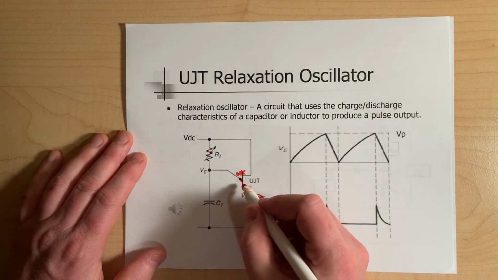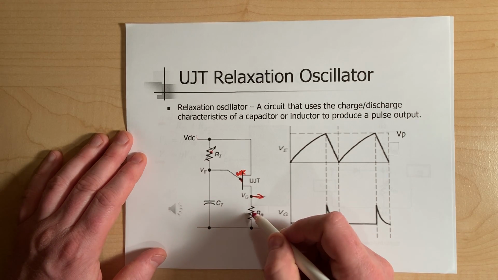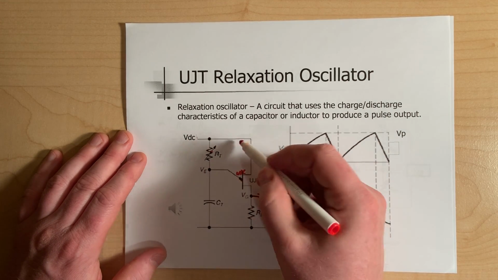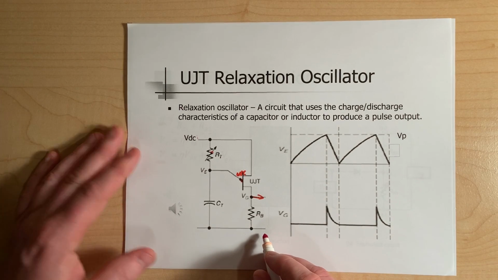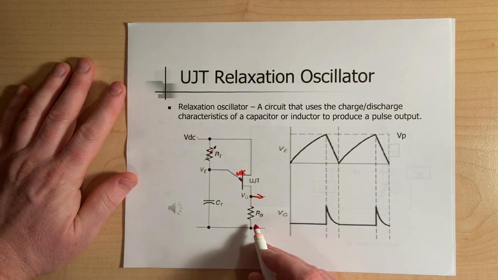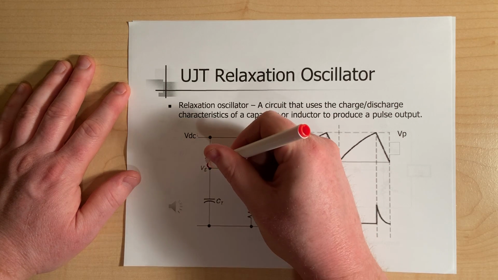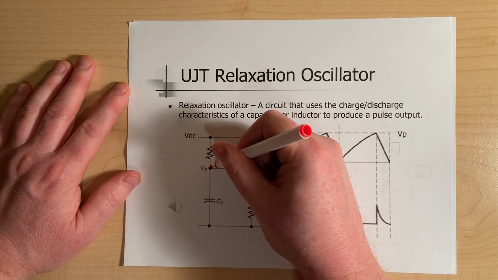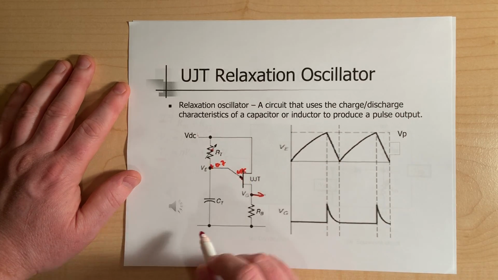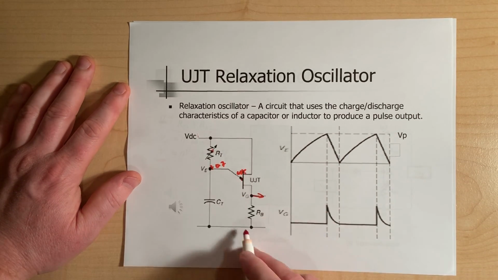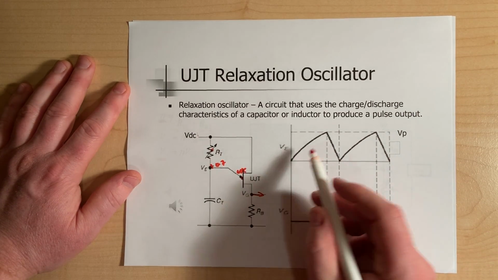Okay, and that's a potential. And notice that VDC is what's being applied across the UJT. So once VE gets to a potential greater by 0.7, the UJT turns on and it produces an output, okay? Which is what we see here.